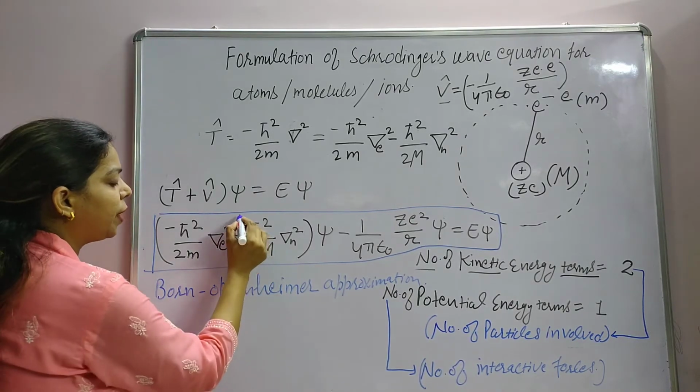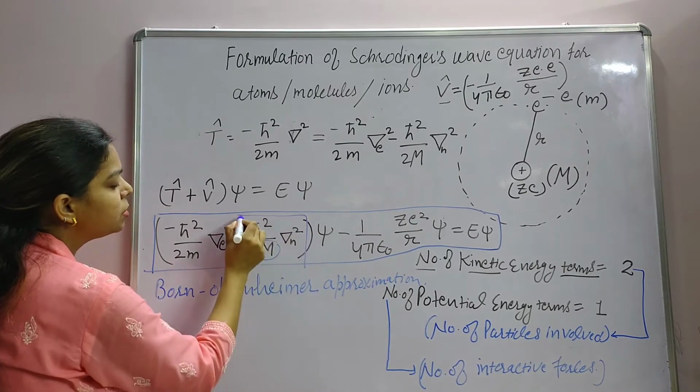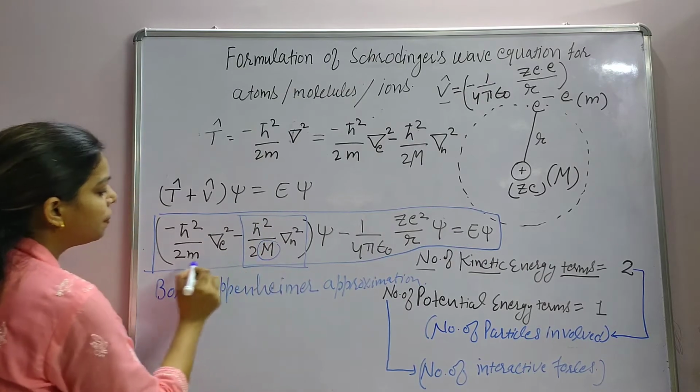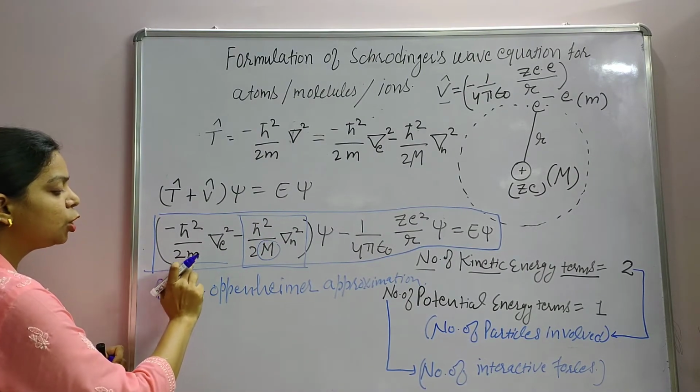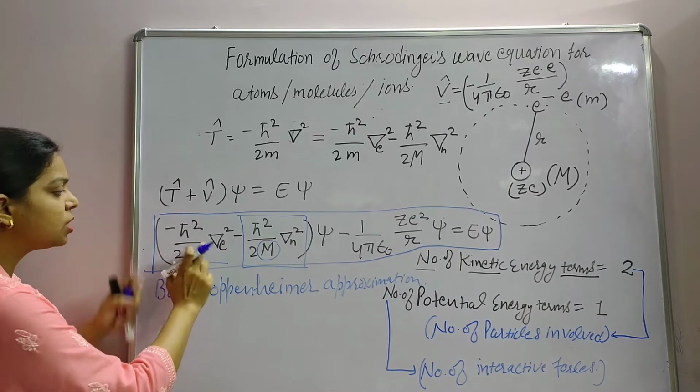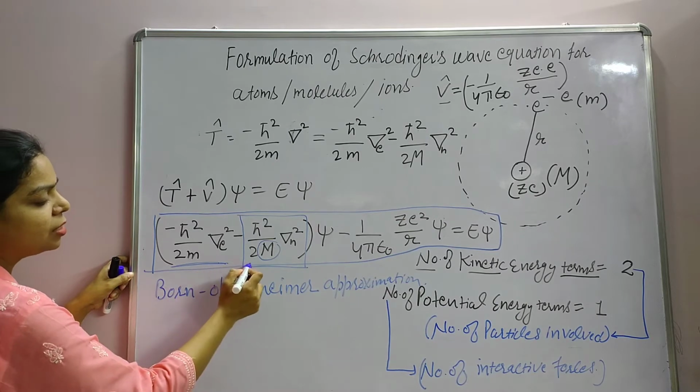Means this factor, when mass is large, this entire factor becomes negligible. Mass of the electron is very small. It is coming in the denominator, so this term will be very large. This first term will be very large as compared to this.